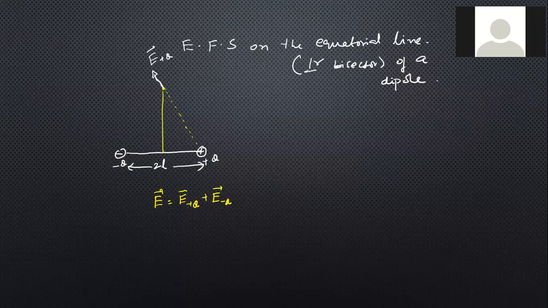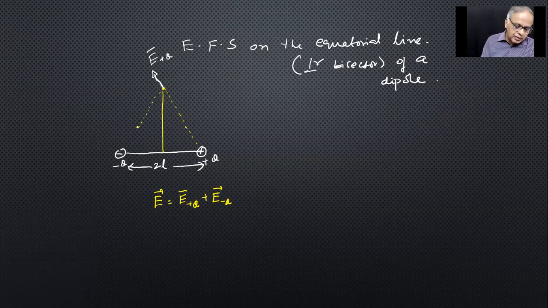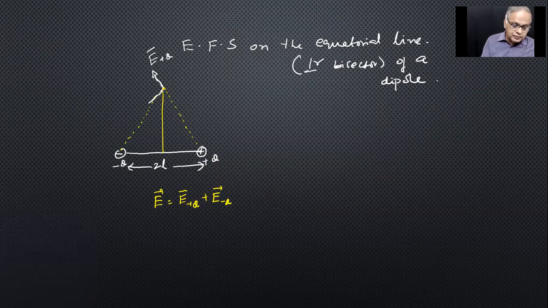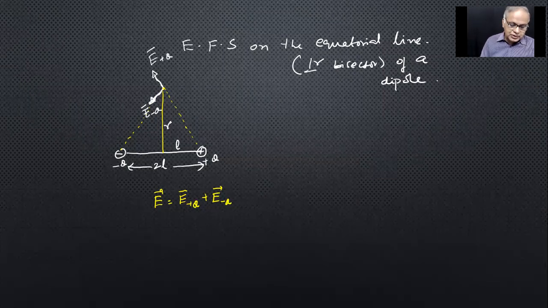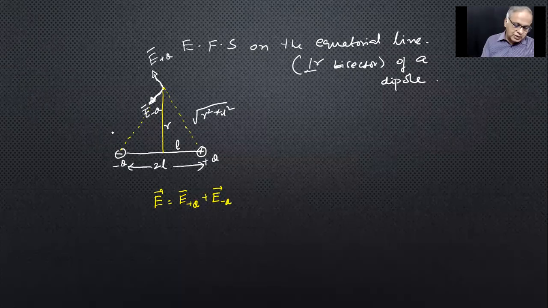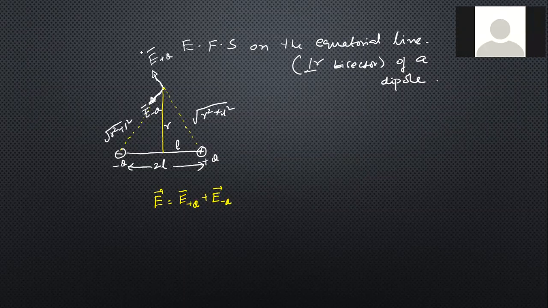And due to minus q, towards the minus. So it's like this. Both are vectors, and luckily both the magnitudes would be same. This is L, this is r, the distance from the center. So this distance is going to be root of r square plus L square. So q is same, distance is same for both of them. So the magnitudes of this and this are going to be same.